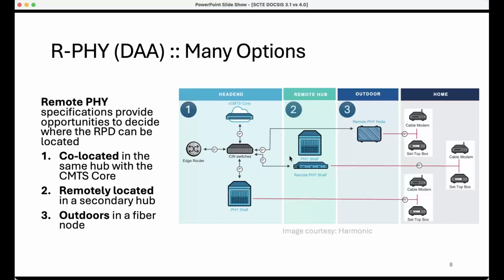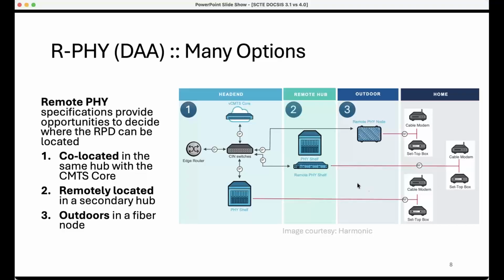We don't have any RF optics between the head end or hub site and a remote PHY. That means our SNR or our MER at the cable modem or set-top box is going to be way, way better, and we're going to have less troubleshooting to do between the brains of the CMTS and the RPD. That's just a win-win situation. This cleans up RF and gives us new options for deployment as well.